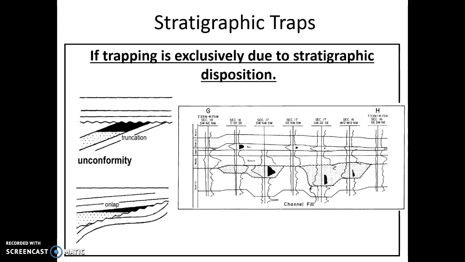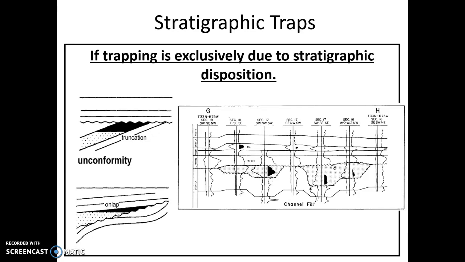Right, so next, stratigraphic traps are where the trapping is exclusively due to the stratigraphic disposition. So how does it occur? Simple. When the rock layers change from a good reservoir to non-reservoir due to a change in the rock type, for example pinch out, reservoir quality change due to diagenesis, or removal due to erosional unconformity.